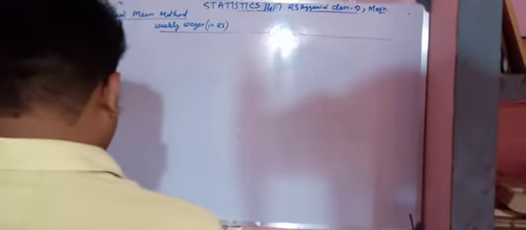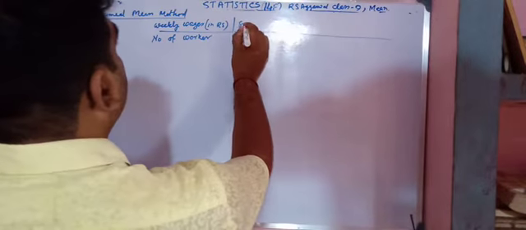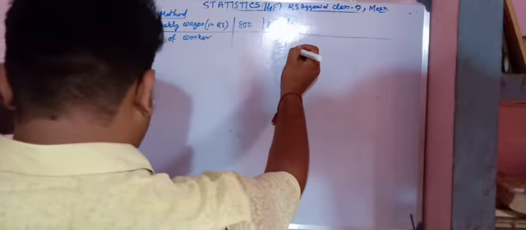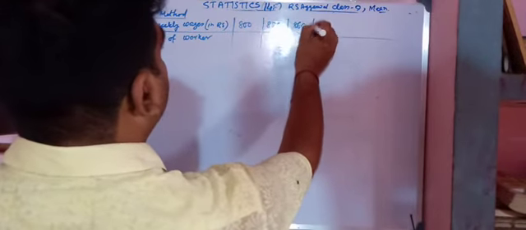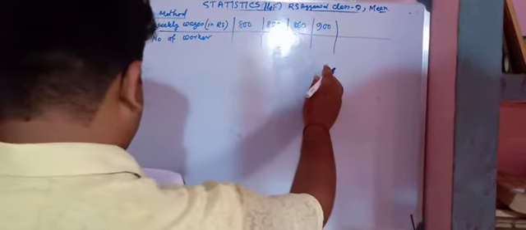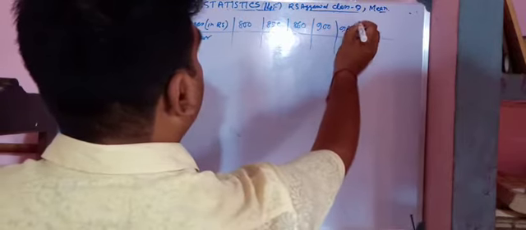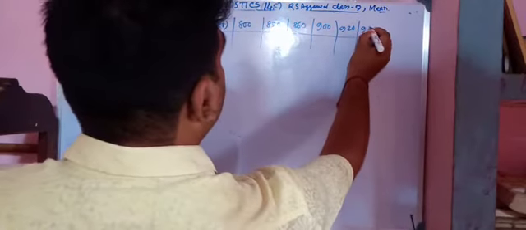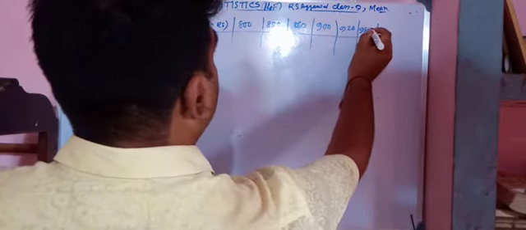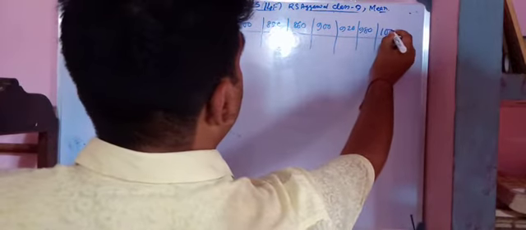The number of workers: 800, next 820, next 860, next 900, next 920, next 980, next 1000.